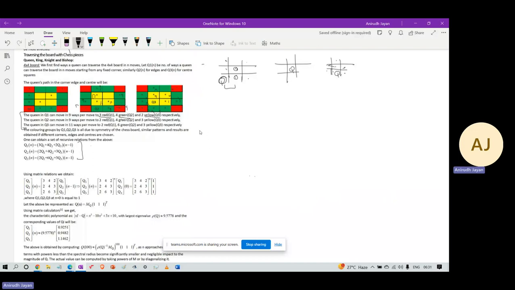Now, we can simply take q1, q2, q3 as a matrix.